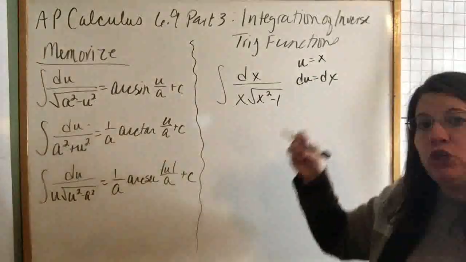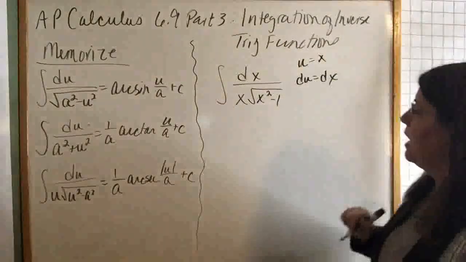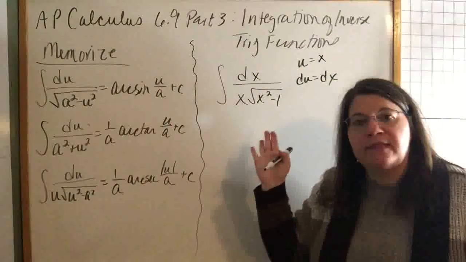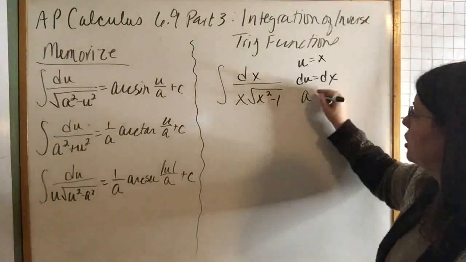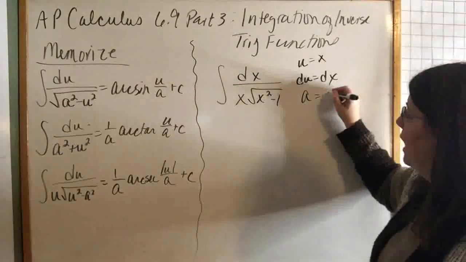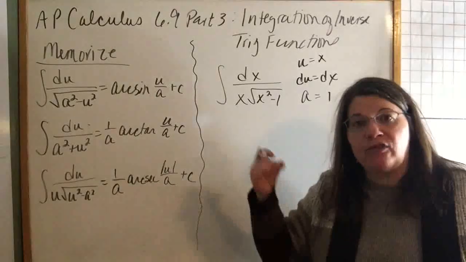After we found u, we still have to find du, and so that's what I did here. And we do that the same way we use with substitution. And then my a value, I'm going to say is 1, because this number squared is my a squared.